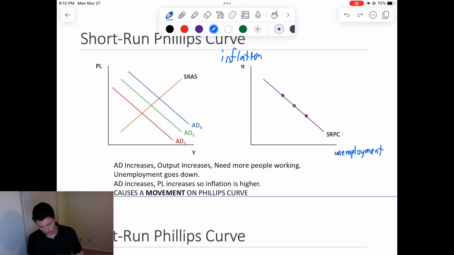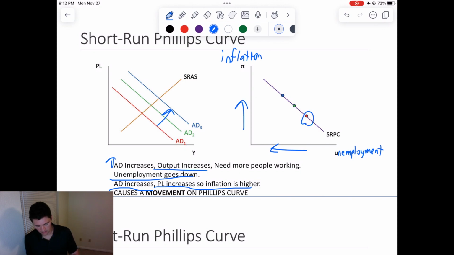If we have an increase in aggregate demand, okay, this is going to increase output. So you're going to have more people working. Unemployment goes down. So therefore, we're going to have a decrease in unemployment. Also, when aggregate demand increases, price level goes up, inflation is higher. So we're going to have a movement from here to here. All right. So that's the Phillips curve.